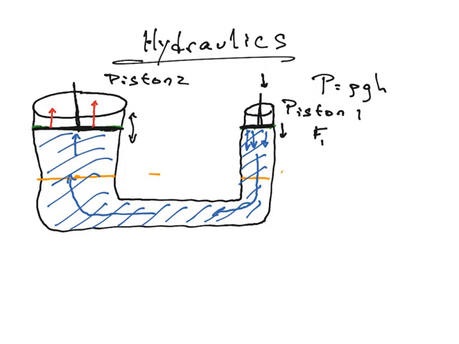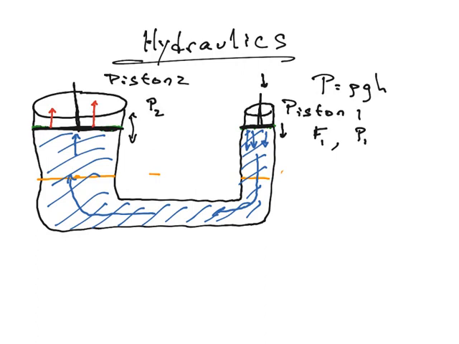This piston is pushing on the water, a certain amount of force is pushing down, the piston has a certain size, and so that's going to apply a certain pressure, P1, to the water. And as I keep applying this pressure, that pressure flows through the water to the other side, and is going to try to lift up on piston 2. So piston 2 will feel some pressure, P2.